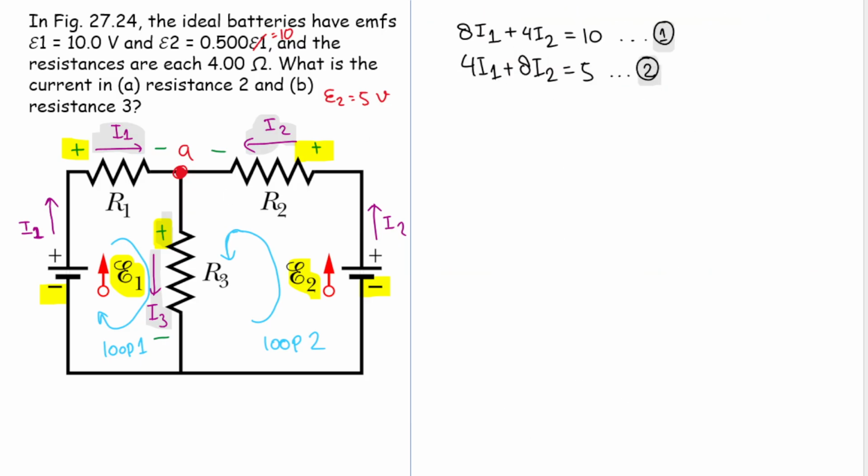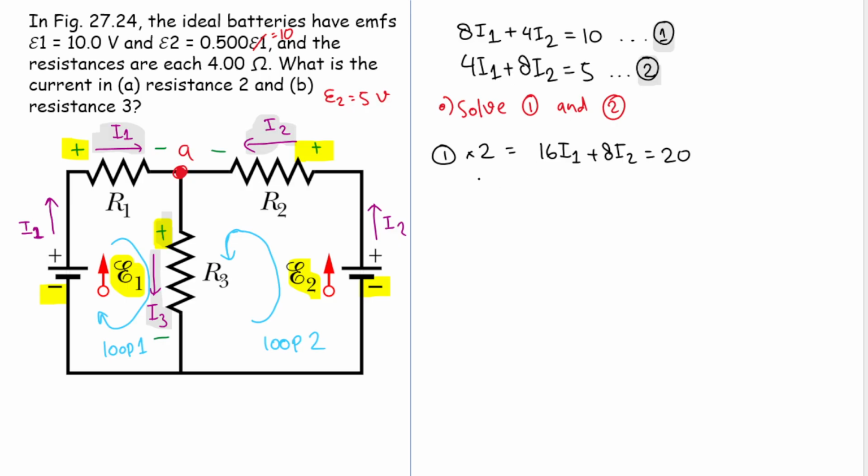So this is our resulting equation. We need to solve it, right? Let's solve 1 and 2. Okay, and I think I will eliminate I2 first. I will have 1 multiplied by 2. That will be, okay, I will have 16I1 plus 8I2, and all of that will equal to 20.